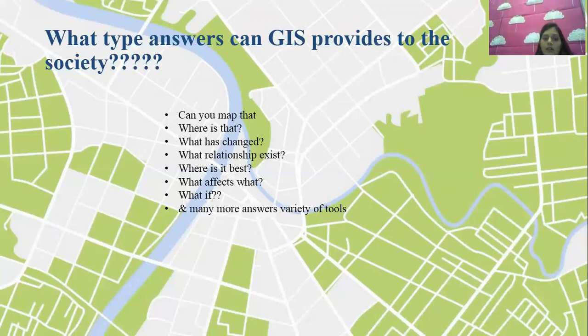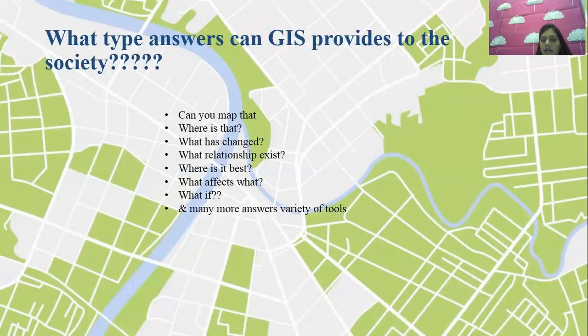Next comes what affects what. Relating to the last example, if I am taking a decision of making a site, then what will be the bad effects, what will be the good effects, how it can profit me, what are the losses, what will cost me more, what will gain me profit, everything can be answered by GIS. And last is what if. Yes, everything has some solution.